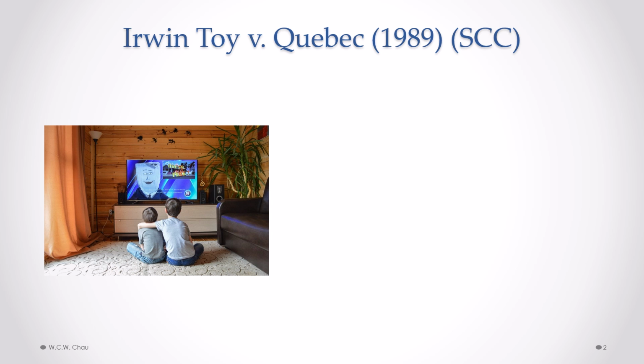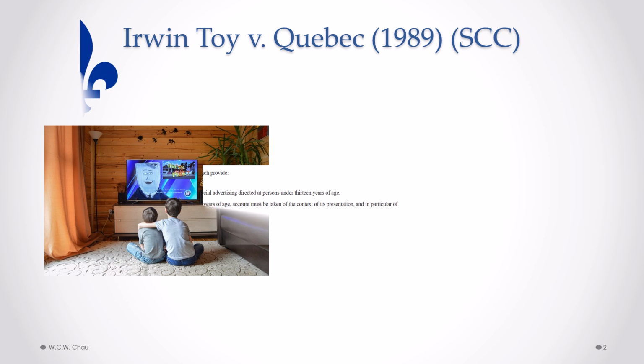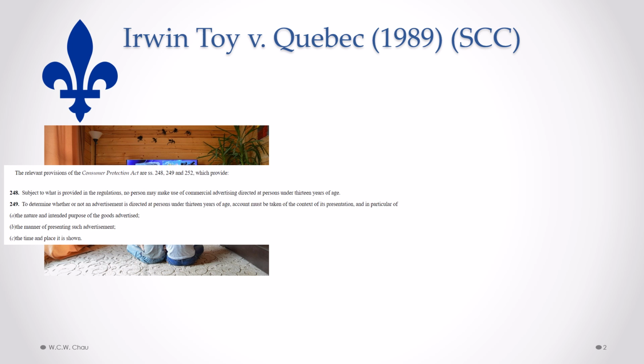To address that public policy concern, the Quebec legislature passed some laws that were put into their Consumer Protection Act, and that law prohibited anyone from using commercial advertising that was directed at persons under 13 years of age. So it basically banned any kind of advertising that was specifically directed towards young children aged 13 or younger.